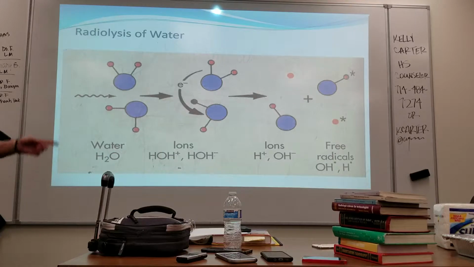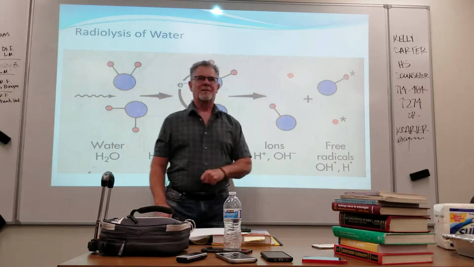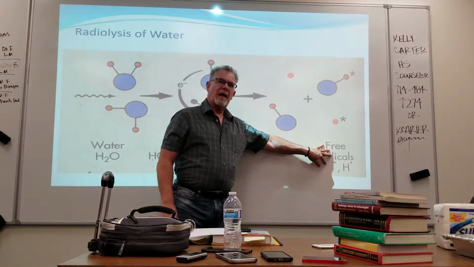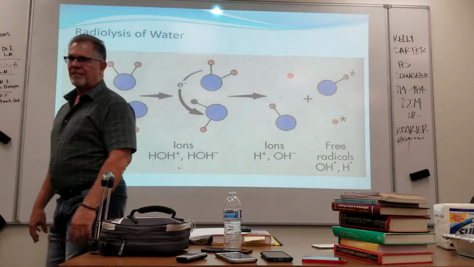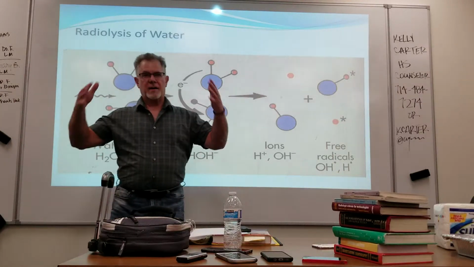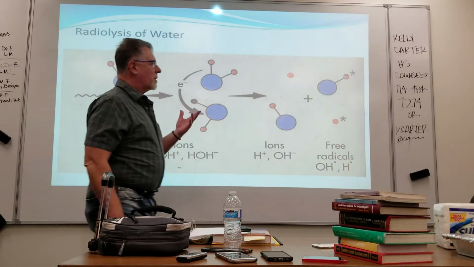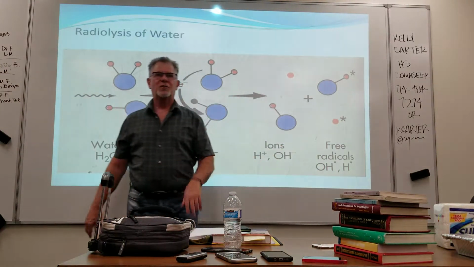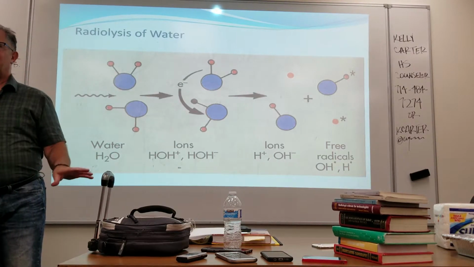Now, what's interesting in radiation therapy, they want to create these things because these are what's going to go after the cancer cells and rip them apart. A lot of people take things like vitamin C because they want to keep free radicals out of their body, right? When you have a patient undergoing radiation therapy, the first thing they ask is, do you take vitamin C in any form?